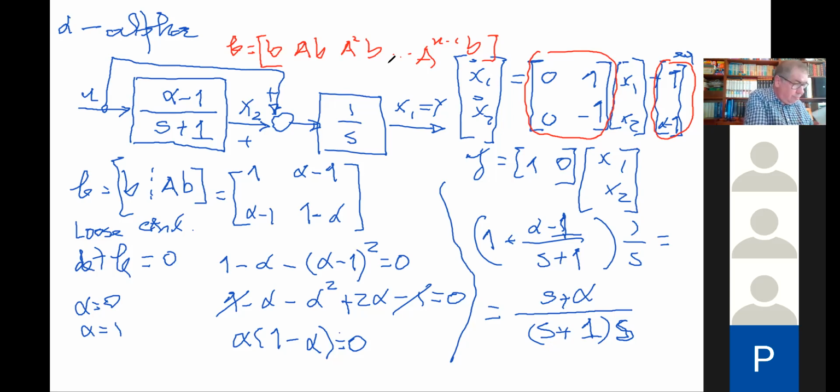OBSV is a function that allows you to compute the observability matrix.